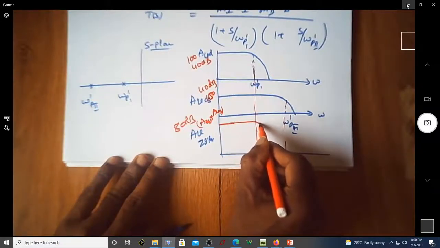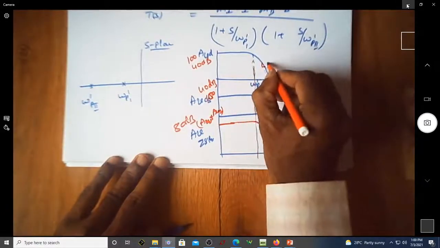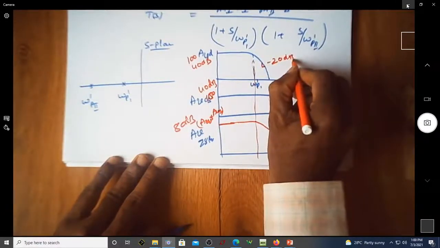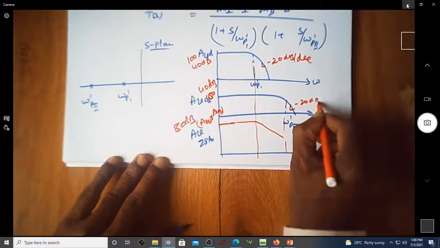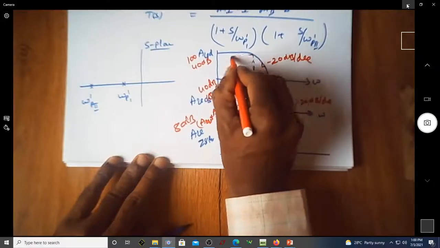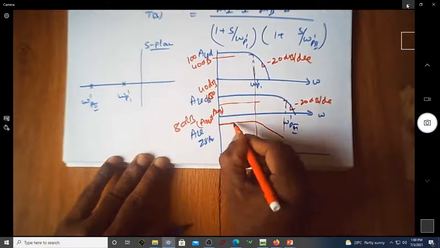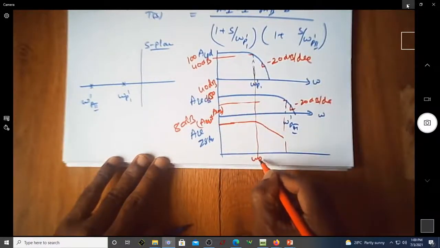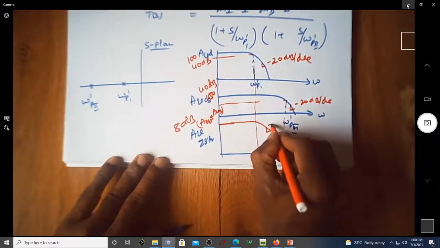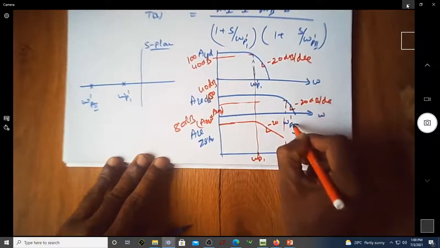Then you can see the slope: this is having the first pole, which is having a slope of minus 20 dB per decade. This is another minus 20 dB per decade. I'm just writing it as 3 dB down; this is also 3 dB down. We are assuming it. You can see till this point there is no pole. There is a pole at omega p1 dash. Now the slope is minus 20 dB per decade. There is one more pole at omega p2 dash.